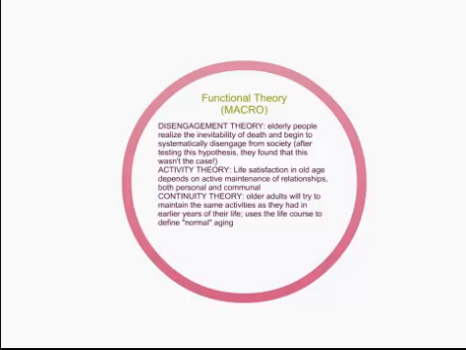Because functional theory is talking about how the structure impacts the individual, rarely do we flip that around and talk about how the individual impacts the structure in a positive way. So continuity theory says that older adults will try to maintain the same activities that they had in earlier life, and it uses what we call the life course approach to define concepts related to normal aging.